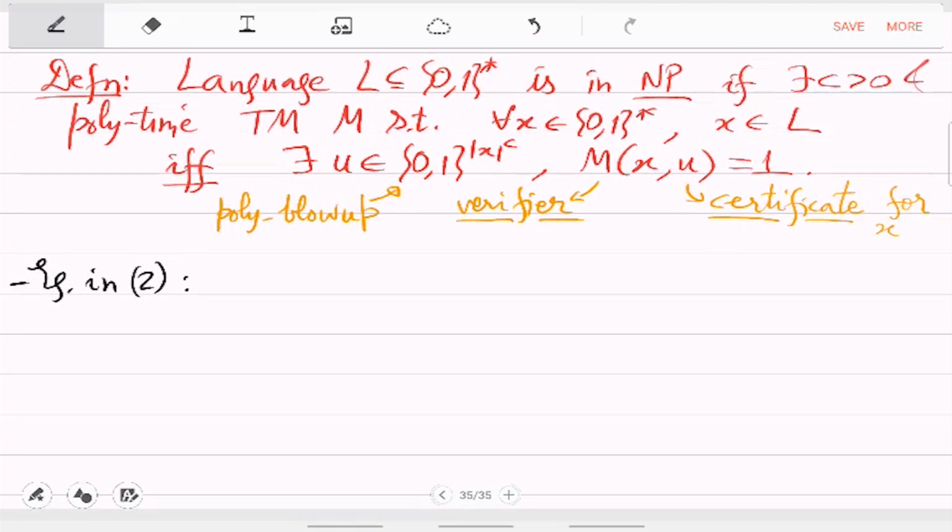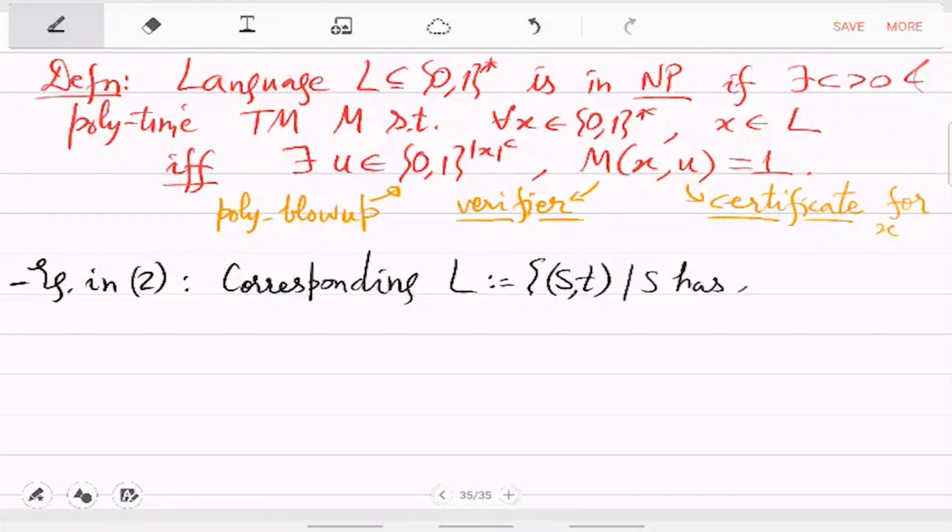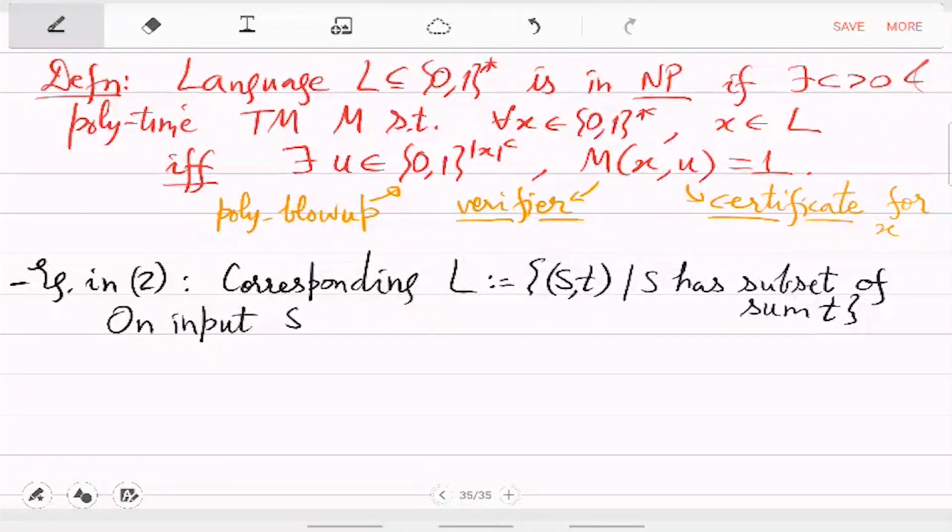It's a subset whose sum is T. So this L that we talked about in the definition, this corresponding L is S comma T, such that S has a subset of sum T. So on input S comma T, what will the verifier do?